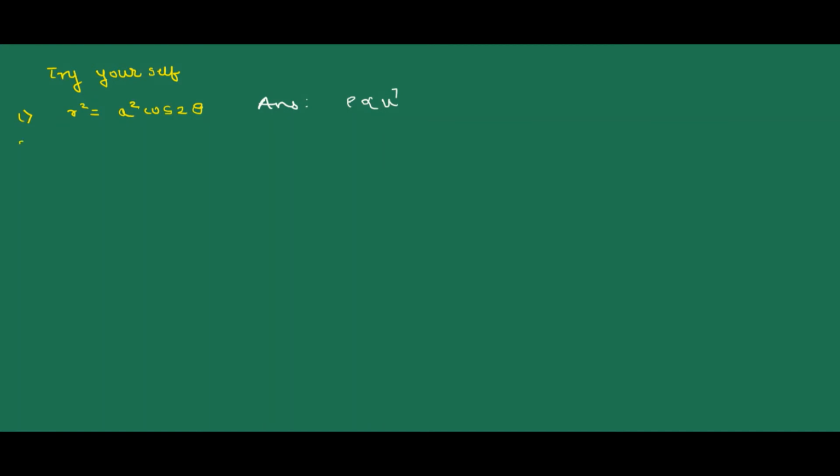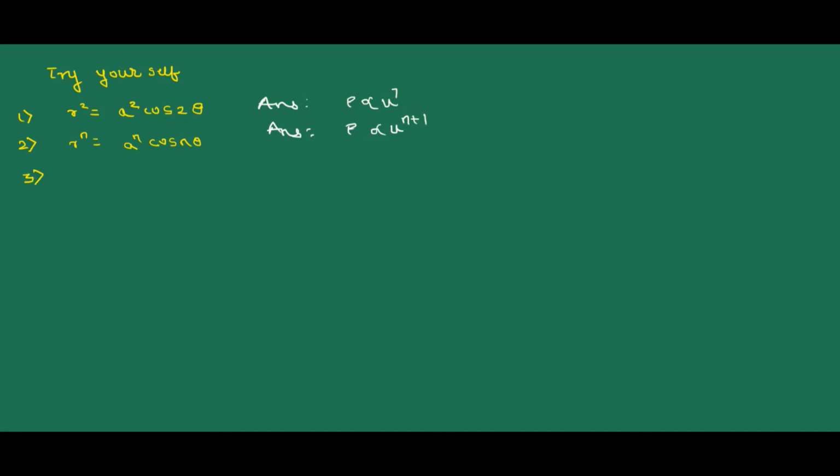Second example, r raised to n is equal to a raised to n into cos n theta, and the answer is p is proportional to u raised to n plus 1.